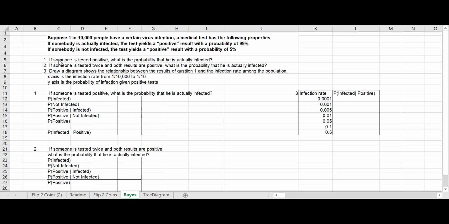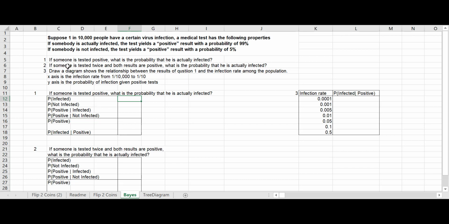So first we need to find out, if the test is positive, what's the probability he's actually infected? So we need to put in what we already know about the infection and about the test, the probability here, and then we use Bayes' theorem to calculate.